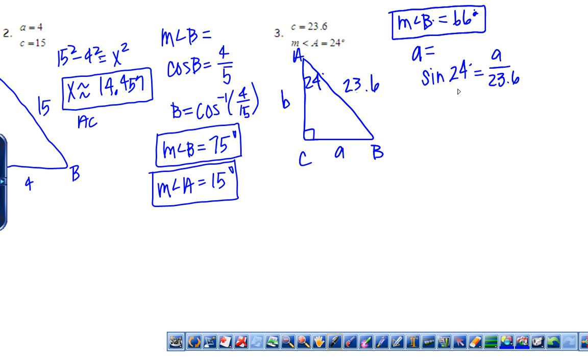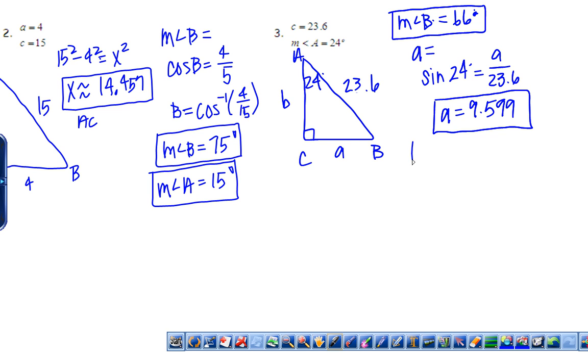Remember, solve for A. And I got 9.599, rounding to your thousandths place. Okay, from there you could use Pythagorean if you wanted to. If you do, make sure you're not rounding to the very, very end. I think it's easier to go ahead and use SOHCAHTOA myself.